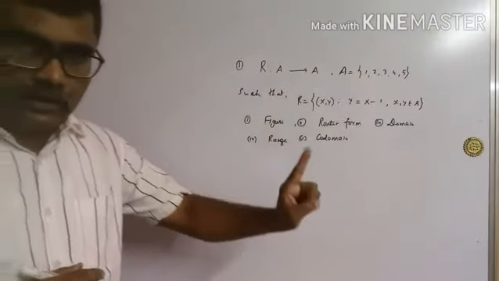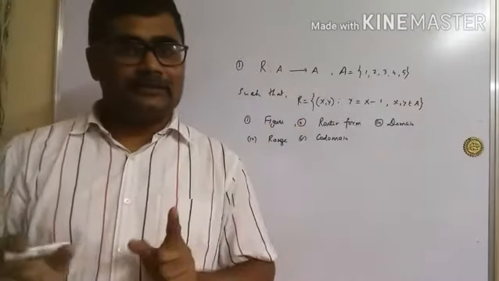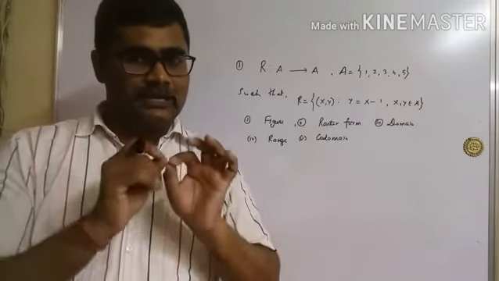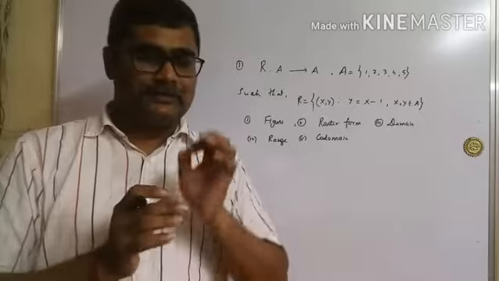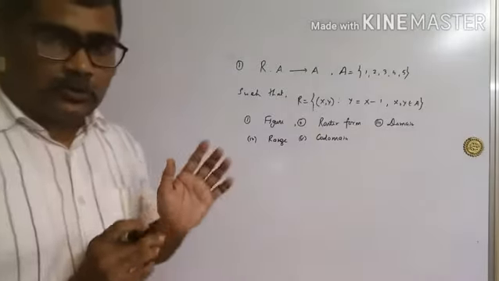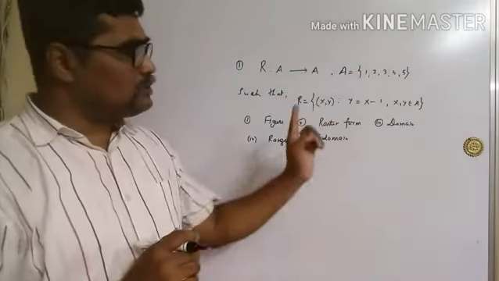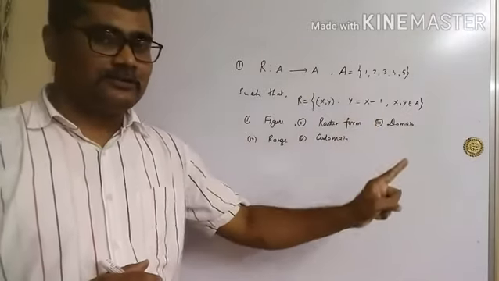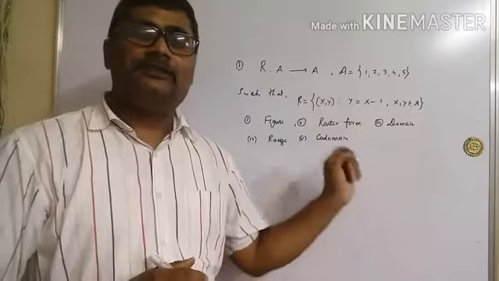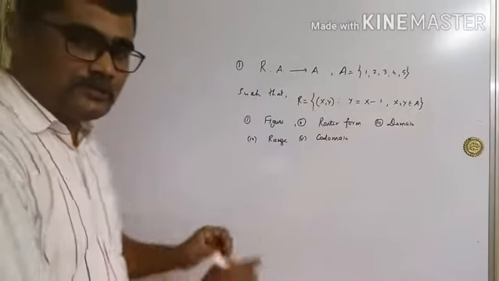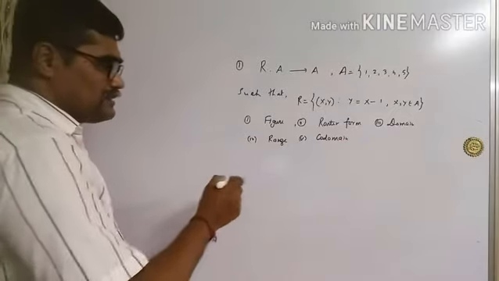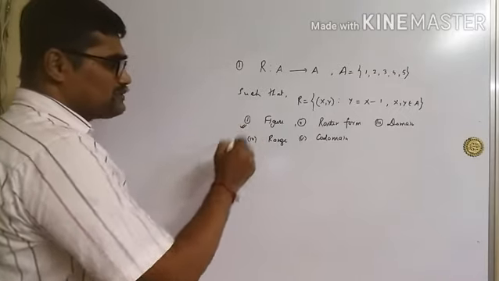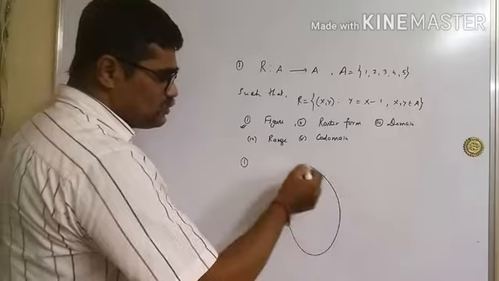First of all, when I depicted the figure, I just connected the elements without any rules, just for example. But in practice, when you do the problems, they will give you some rules and you have to follow those rules, and then only you will find what R is. So first we'll find the figure, which is the most convenient one.